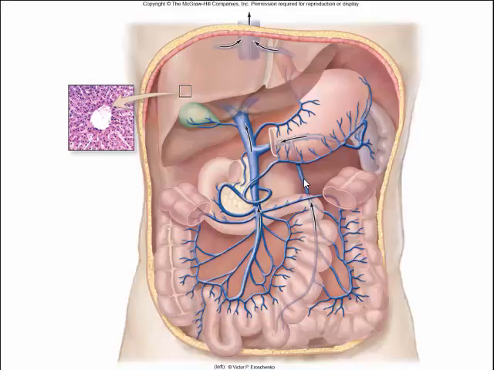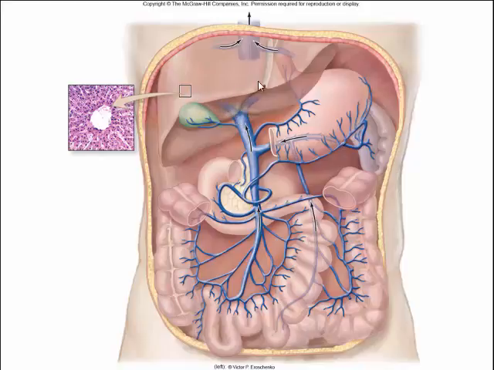The inferior mesenteric vein drains into the splenic, which drains blood from the spleen, also from the pancreas, although not shown in this picture. From the inferior mesenteric vein, the splenic joins with the superior mesenteric to form the hepatic portal vein. And the hepatic portal vein ends when it enters the liver by branching into right and left major branches.